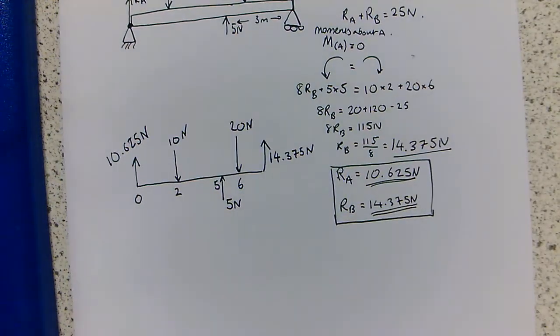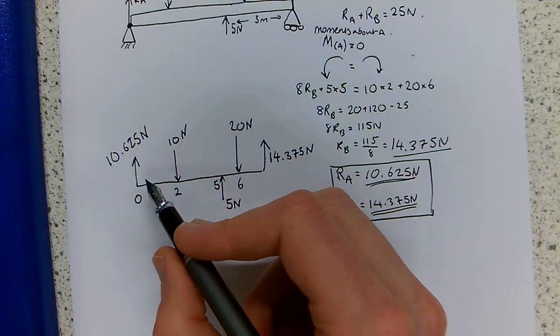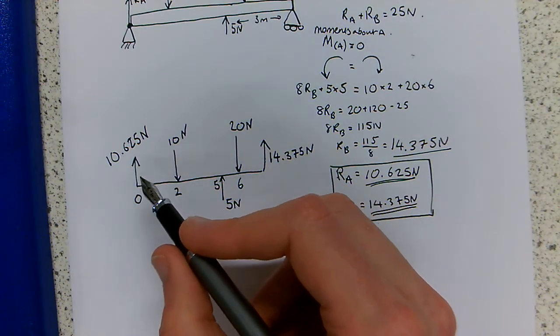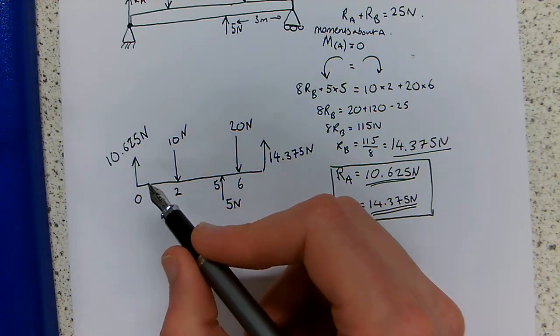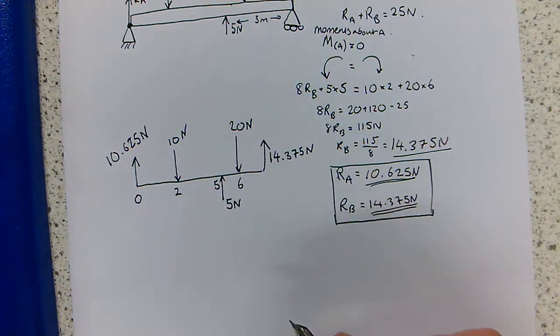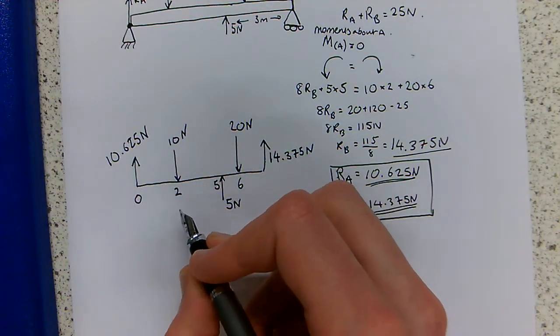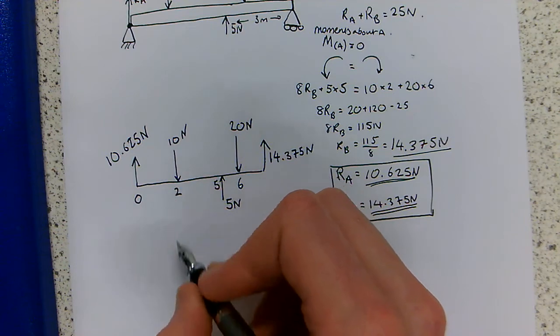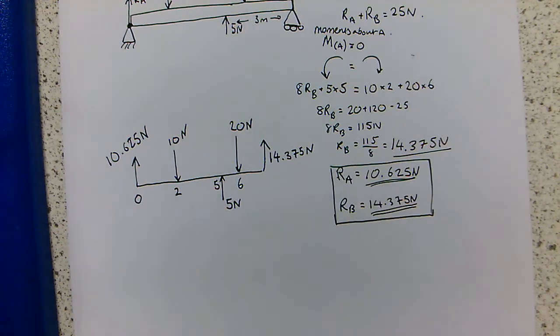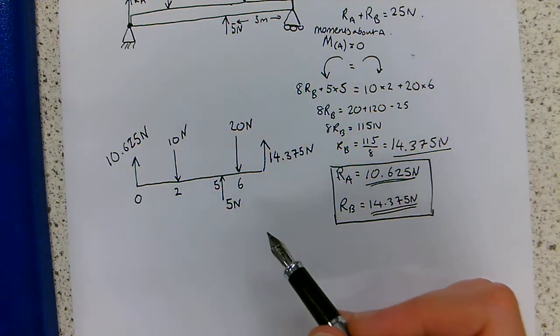Okay, then we need to consider what the bending moment would be in our beam. Now the bending moment is an internal force within our beam. And we find this by taking cuts anywhere where the beam is under a critical load and considering the moments on one side or the other.